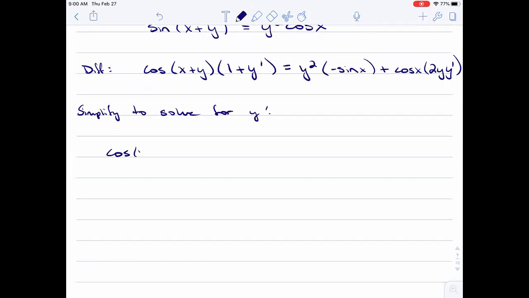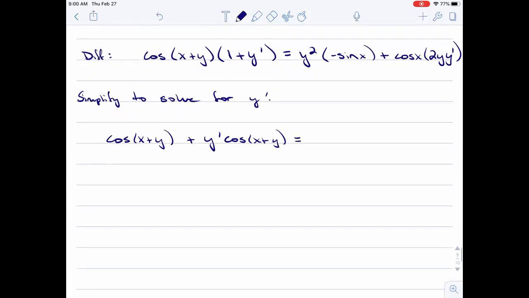So I get cos x plus y times 1 plus y prime times cos x plus y equals negative y squared sine x plus 2y y prime cos x. Just kind of rearranging things so that they're nicer to look at.